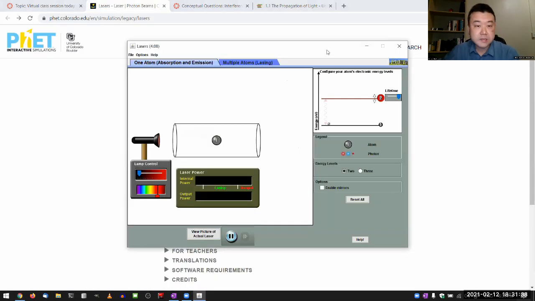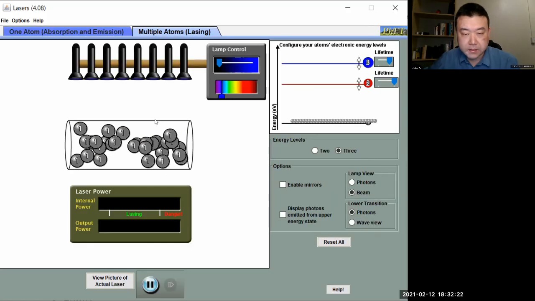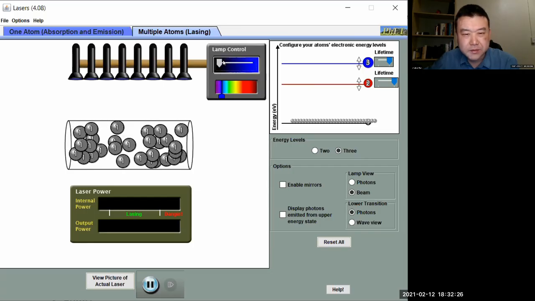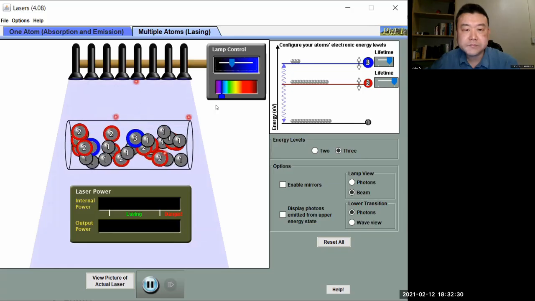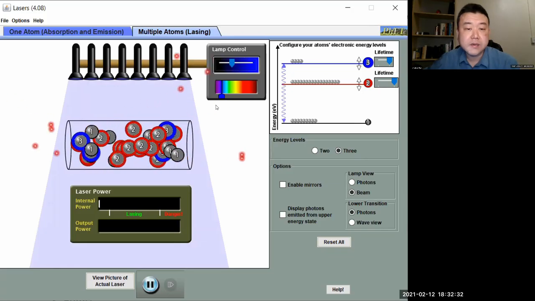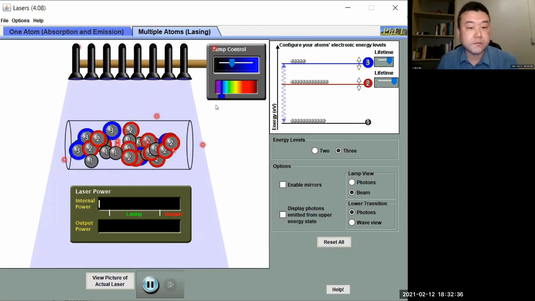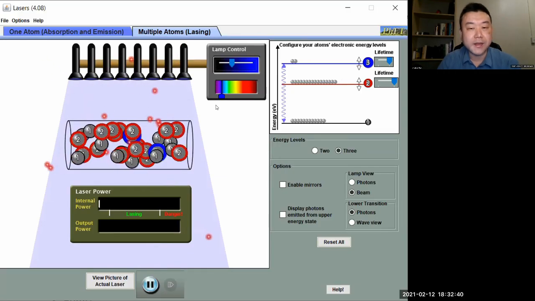So this is a simulation, and what I want to show here is, let me start out with multiple atoms. Let me shine some light. Here you can see what normal, natural, non-laser sources of light look like.